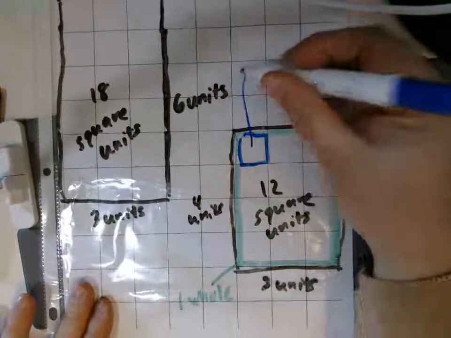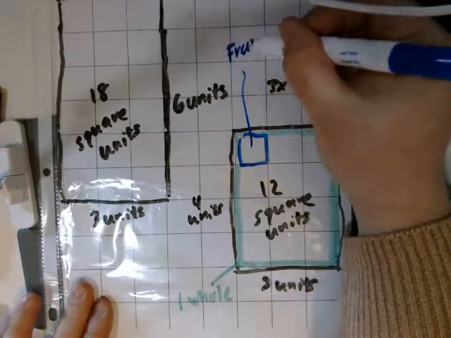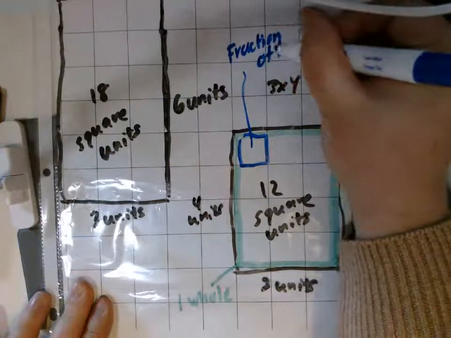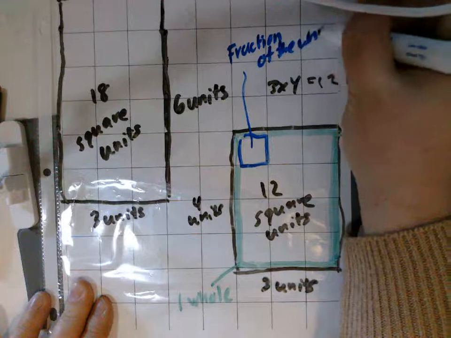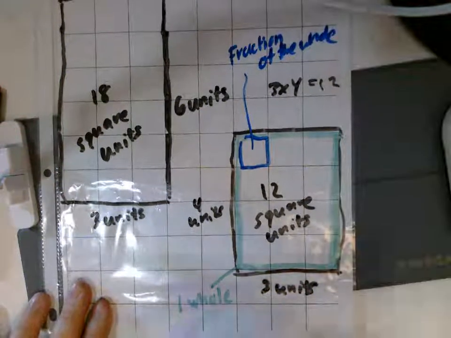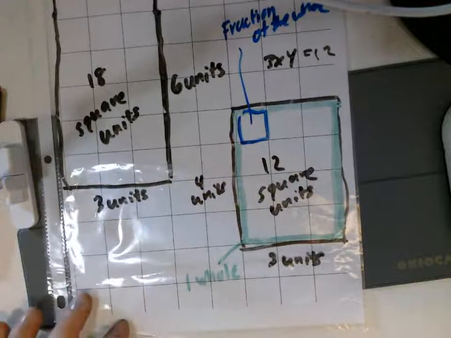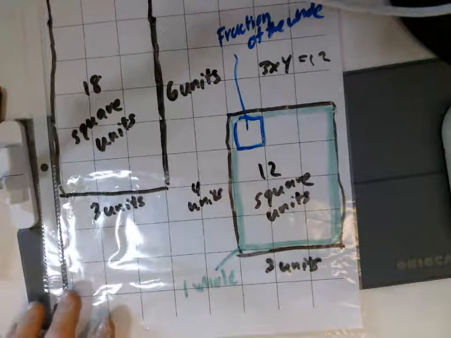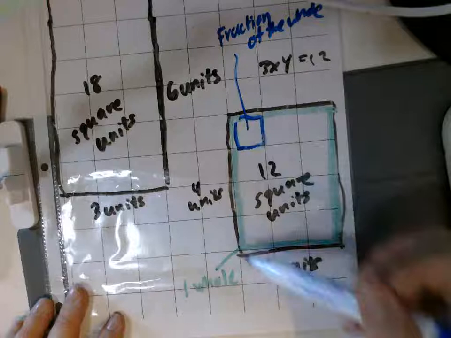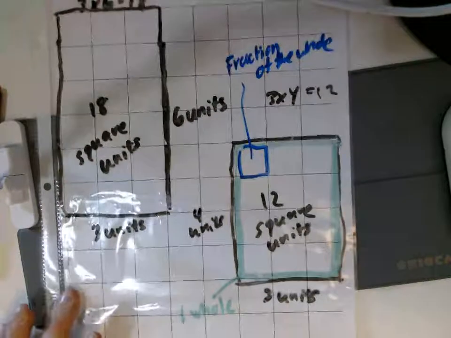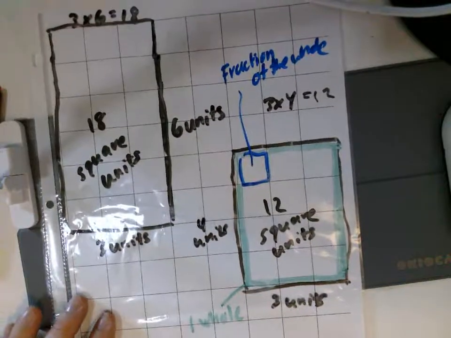We know that this is a fraction or a small amount of the whole. Okay, a fraction of the whole. Okay, so we can break things into much smaller parts of one entire whole. Okay, so if you need to pause the video so you can get this in your math notebook, go ahead and do that now.